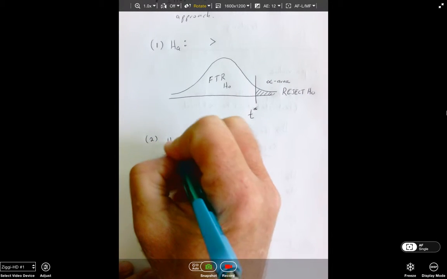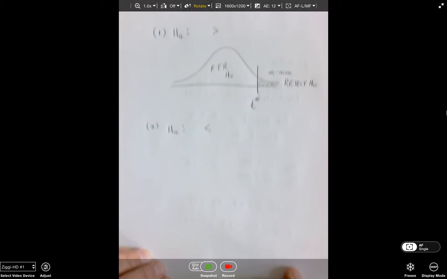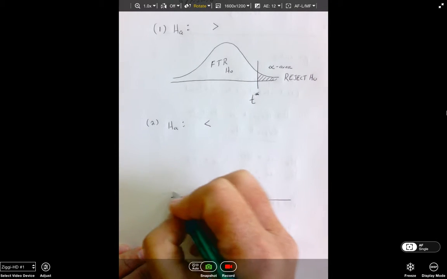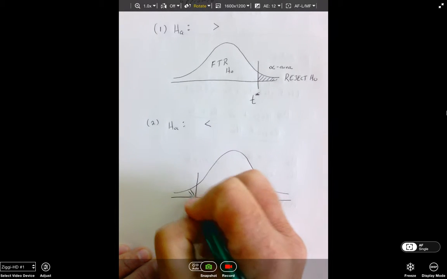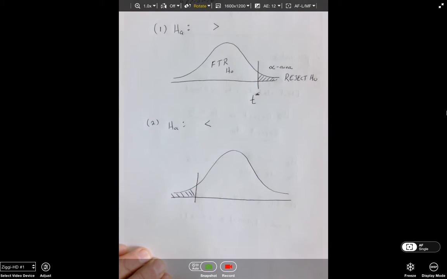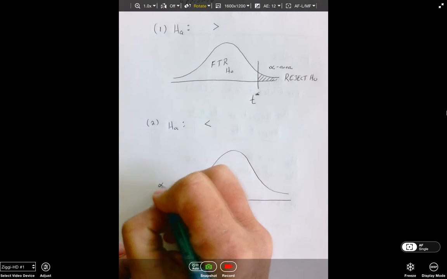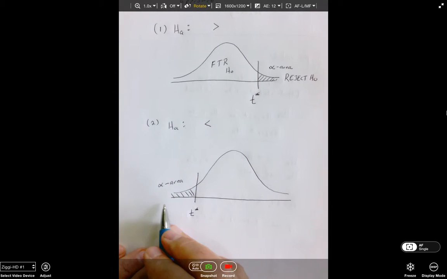If our H sub A is less than, then we're going to go to our left tail, and we're going to find the T statistic that has alpha area to the left of it.